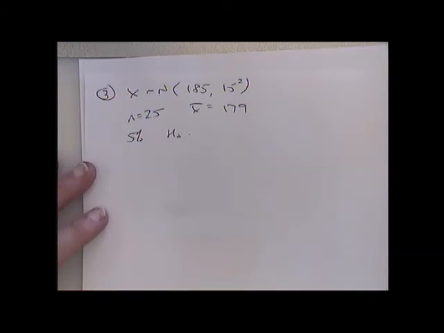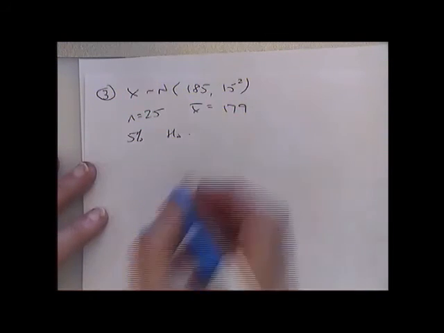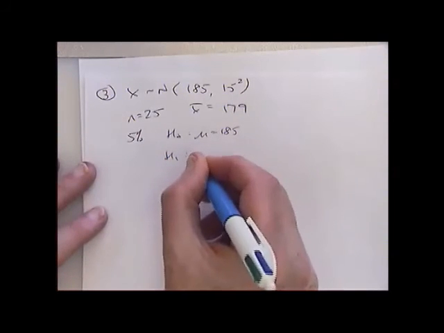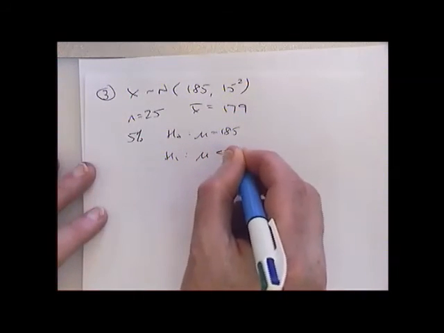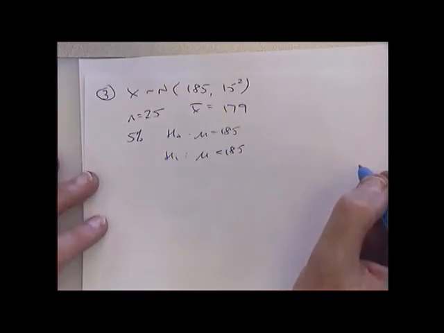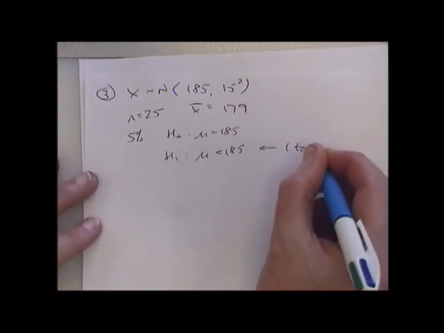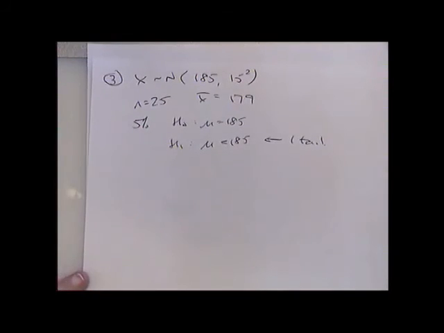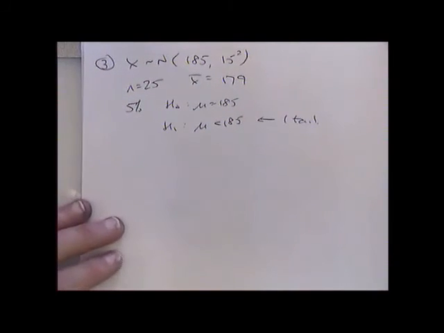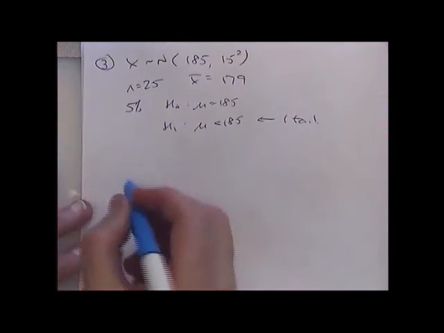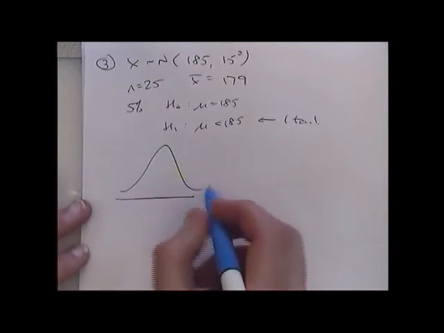You can tell already. Yeah, mu equals 185. Against H1, mu is less than 185. So you are thinking one tail. So if you can do your drawing, do your calculation. I'm going to freeze it in the class, but I'm going to keep on writing on the video.